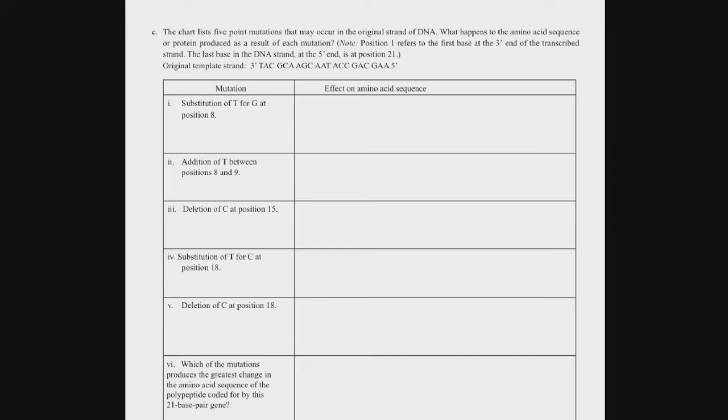Okay. The chart lists 5 point mutations that may occur in the original strand of DNA. What happens to the amino acid sequence of protein produced as a result of each mutation? Note: position 1 refers to the first base at 3' end of the transcribed strand. The last base in the DNA strand at the 5' end is at position 21.